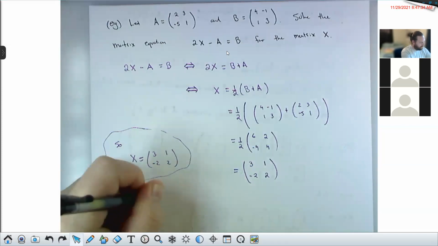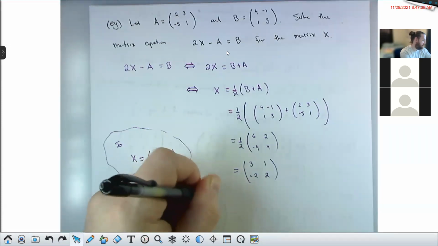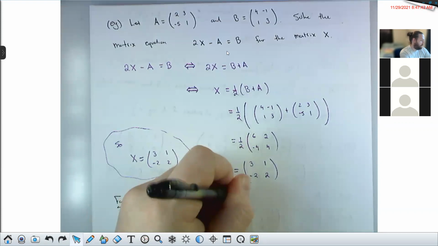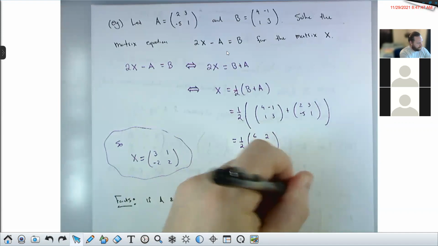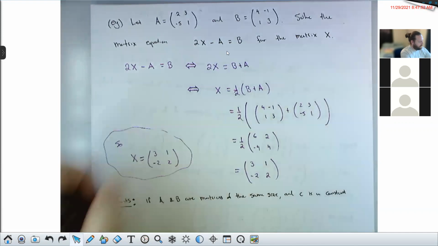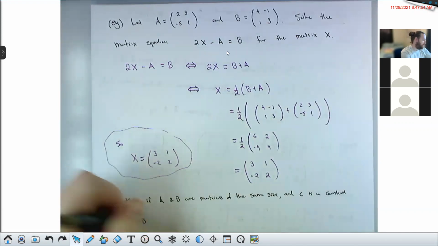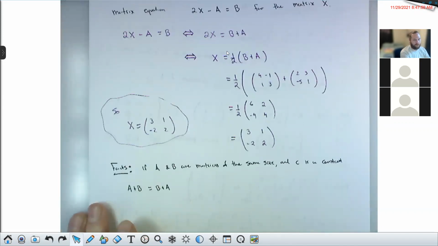If A and B are matrices of the same size, and C is a constant, then A plus B is the same as B plus A. Because A plus B, you just add the entries of A to the entries of B. And that's the same if you added the entries of B to the entries of A, because inside those numbers could be added in either order.